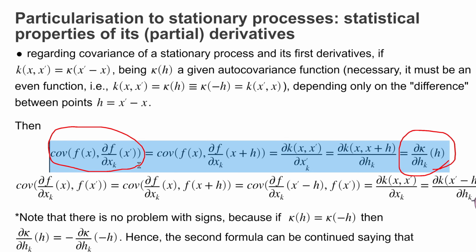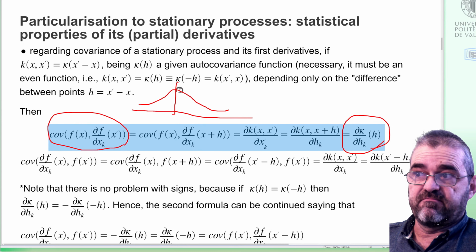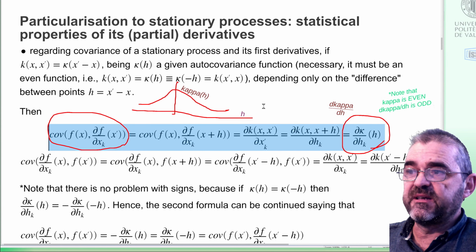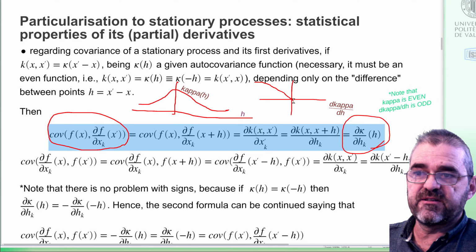Which is that in a stationary case, the covariance between position at x and speed, let's say, at x prime, h units away, is the gradient, the suitable derivative, for a difference h. If this is kappa, the symmetric function, then the derivative of kappa will be something positive here, 0 at the origin, negative there.